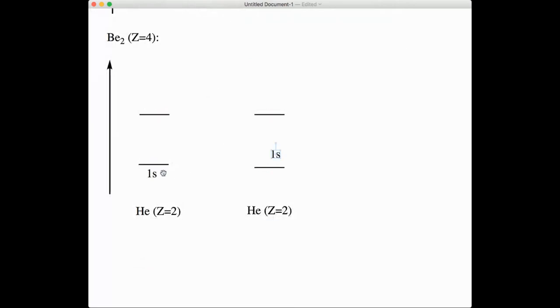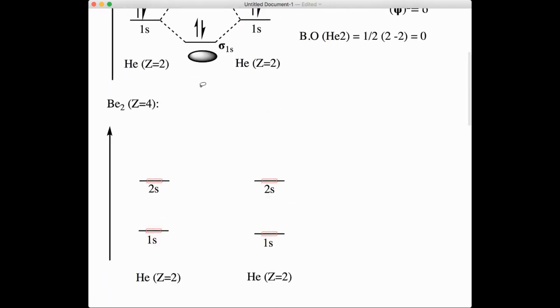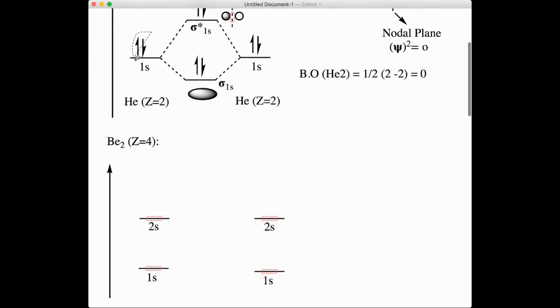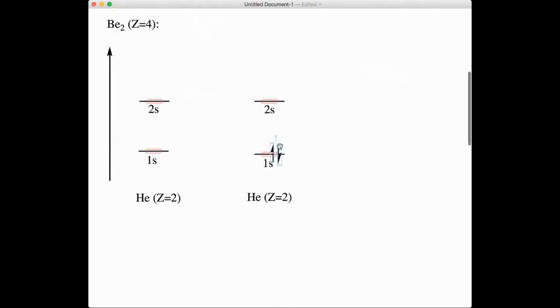So 1s here, and then the 2s up here. It's 1s2, 2s2, so I'll have two electrons in each of these orbitals.